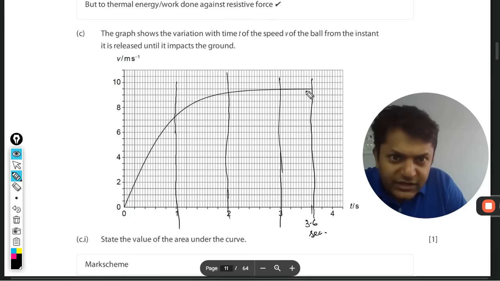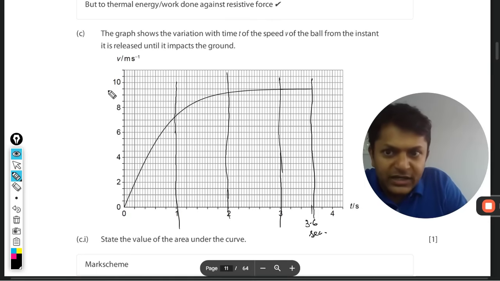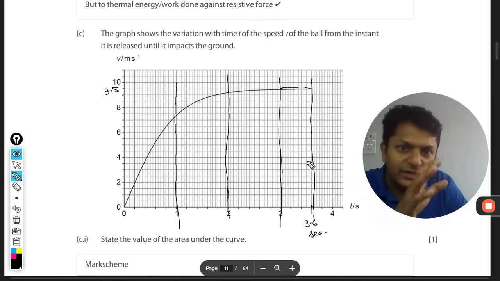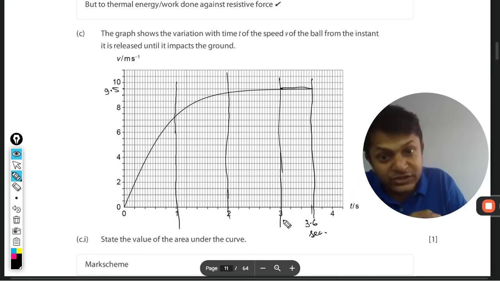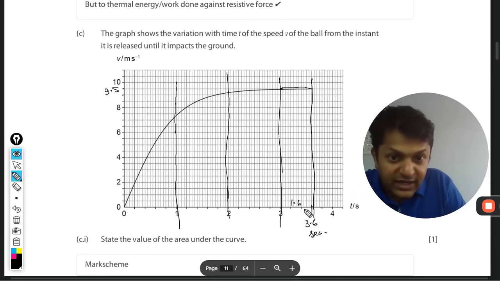Now, for this rectangle, you can clearly see that we can just assume it to be a rectangle. What is this value? This is 9, this is 9.5. So it will be 9.5 multiplied by 3.6 minus 3, which is 1.6. So the area here is 9.5 multiplied by 1.6.